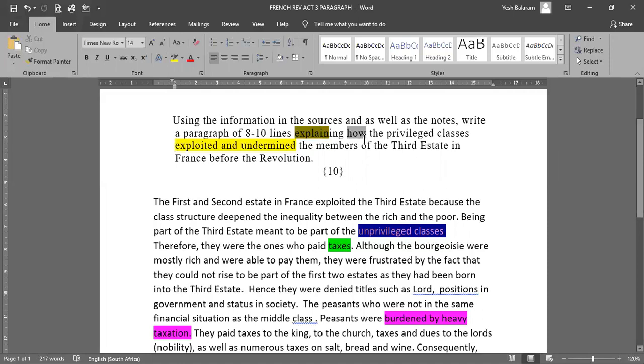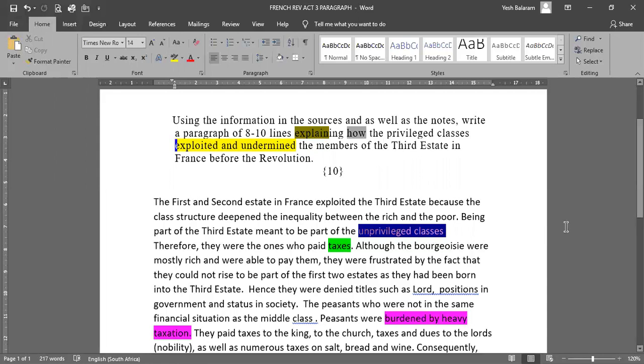How means in what way the privileged classes, that's the First and Second Estate, exploited and undermined the members of the Third Estate. Exploited means took advantage of. Undermined means they disregarded the fact that they too were humans and they embarrassed and humiliated them in certain situations.